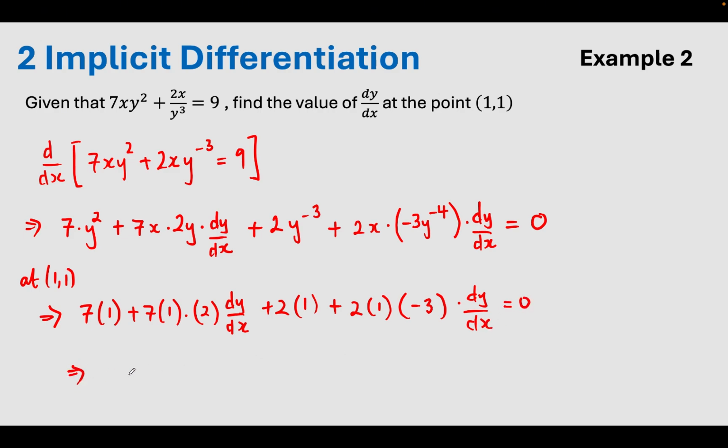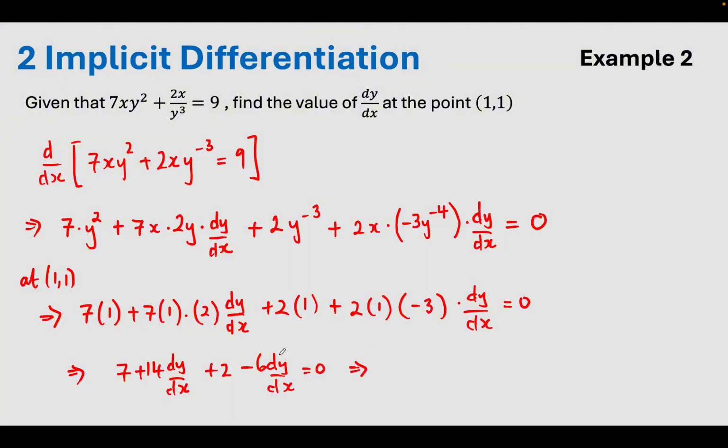So now tidying this up, I get 7 plus 14 dy/dx, add 2, minus 6 dy/dx must equal 0.